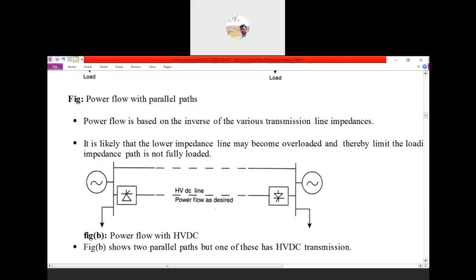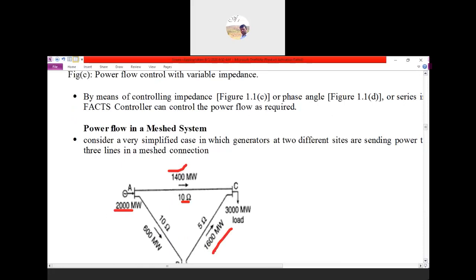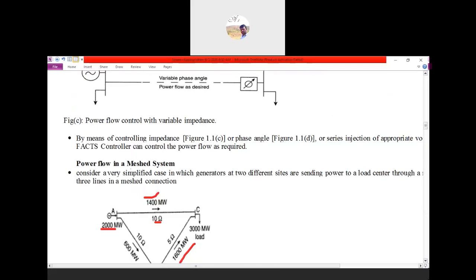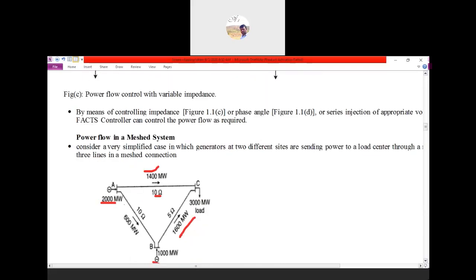So this is about the power flow. Now coming to the case without considering the passive devices.